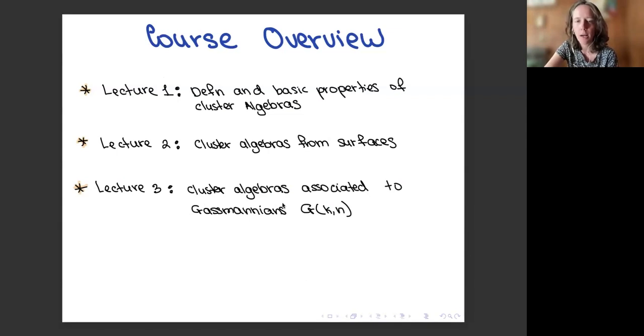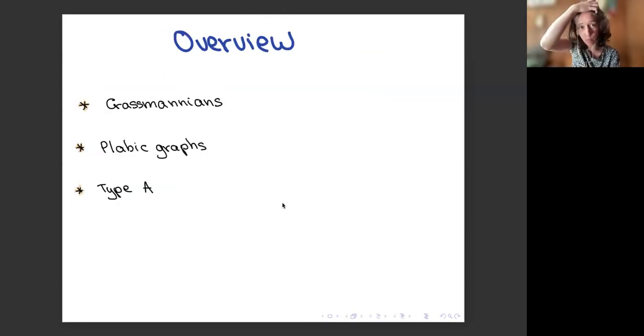They're another big class of examples, and they have very interesting but different combinatorics involved in that construction. So the plan for today is I want to talk about Grassmannians, then I want to talk about their combinatorics, which comes from something called plabic graphs.